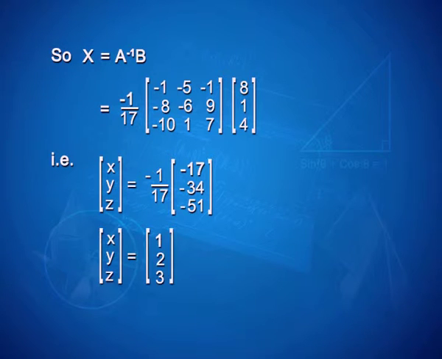This gives x, y, z is equal to 1, 2, 3, implying x is equal to 1, y is equal to 2 and z is equal to 3.